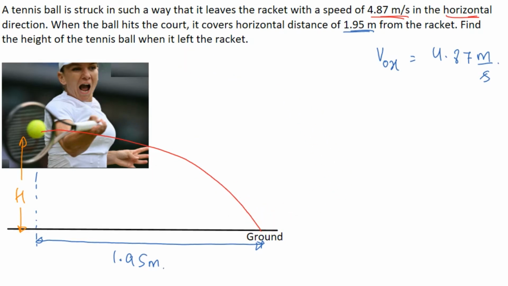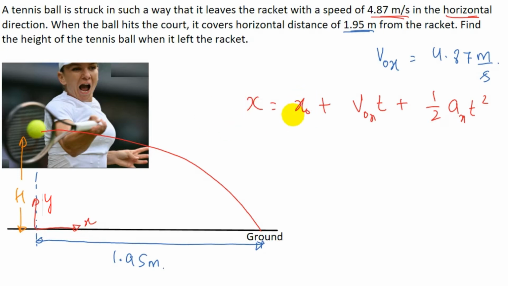So for that I'm going to see the motion of the ball in the horizontal direction, and we can use this equation: x equals x naught plus v naught x times t plus 1 over 2 a x t square. Now we are taking this to be the x-axis and this to be the y-axis.